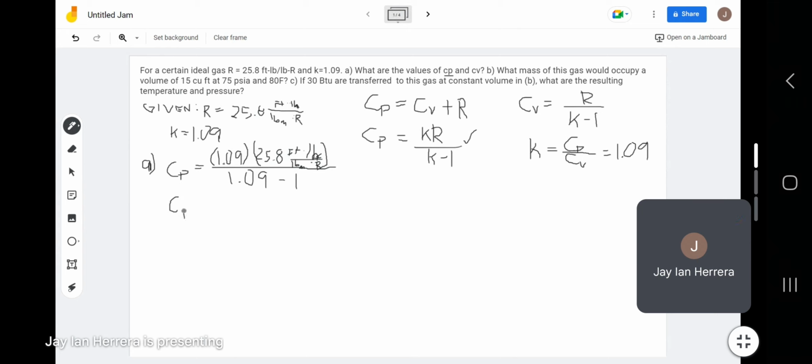So therefore, when you guys compute for CP, itabas yung mga calculators natin. CP then would be equal to ilan?